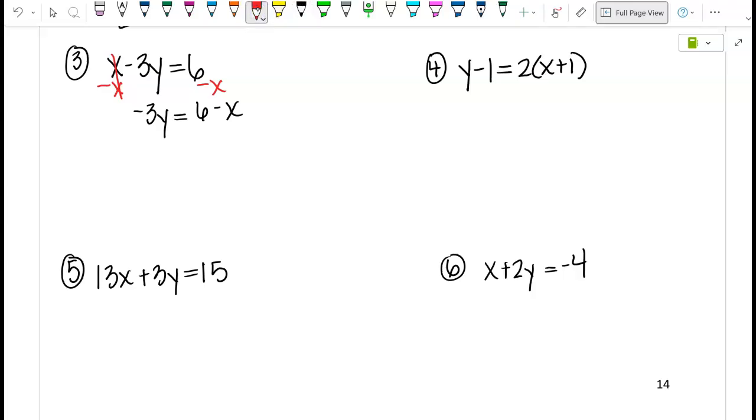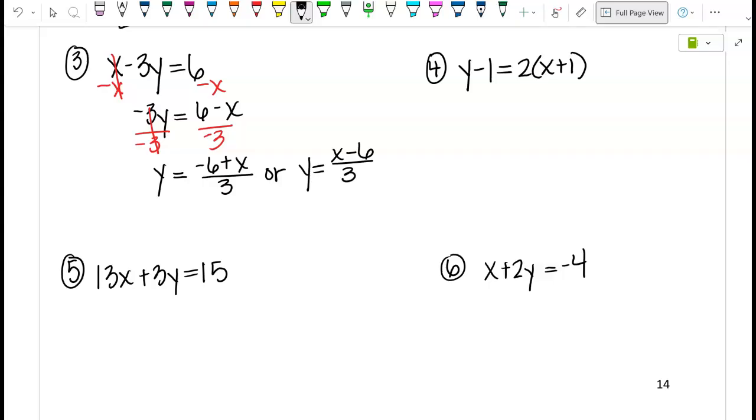Divide both sides by negative 3. So I have y equals negative 6 plus x divided by 3. Or again, you will see this usually written as y equals x minus 6 over 3. Usually the variable is written first and then the constant.